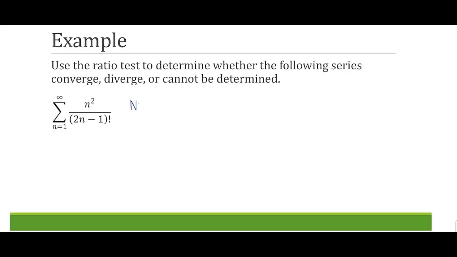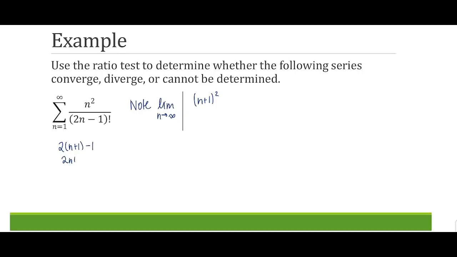So let's go ahead and again start by evaluating the limit as n approaches infinity of the absolute value of n plus 1 squared, so we substitute an n plus 1 in here, and we'll substitute an n plus 1 in here. So if I maybe just do that scratch work to the side, I'm going to have 2 times n plus 1 minus 1.